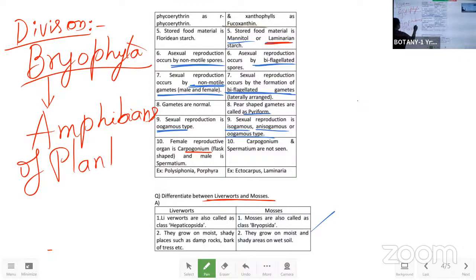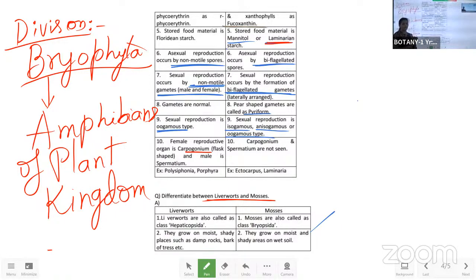So this is again a 2 marks question for us. What are amphibians of the plant kingdom? Give an example. Otherwise, give 2 examples. Whenever they mention the number of examples in the question, you need to give that many examples only.